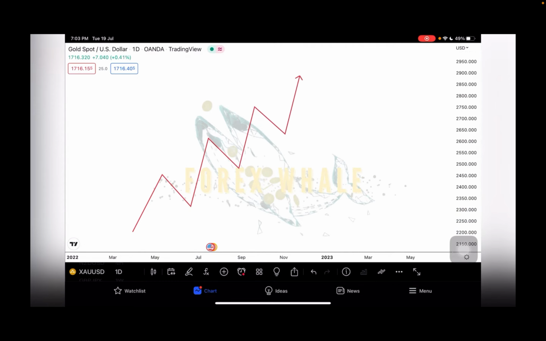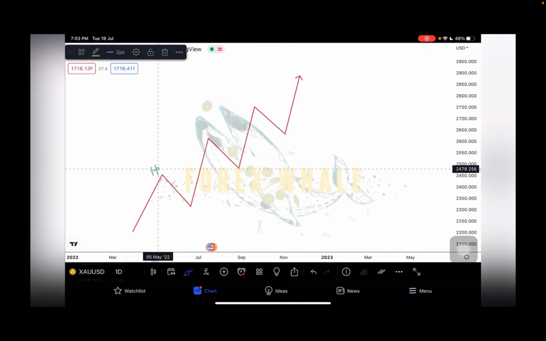It's very difficult to identify this, but here you go. So this is your high, H is your high, and then this is your low. And then you have your higher high. Why? Because the resistance is higher than the previous resistance. And then you have your higher low, which is higher than your previous low.